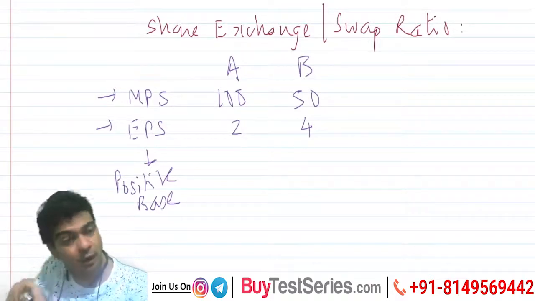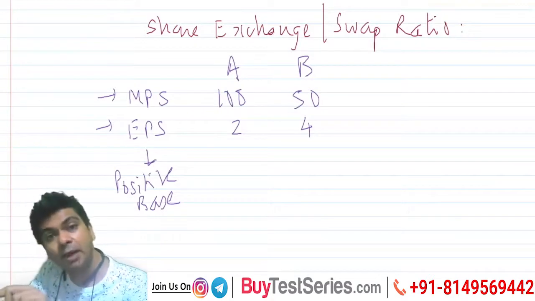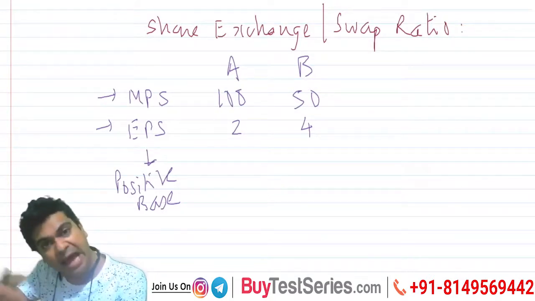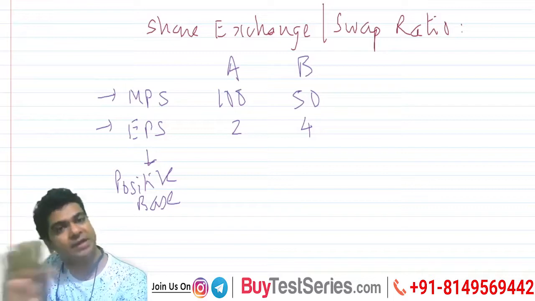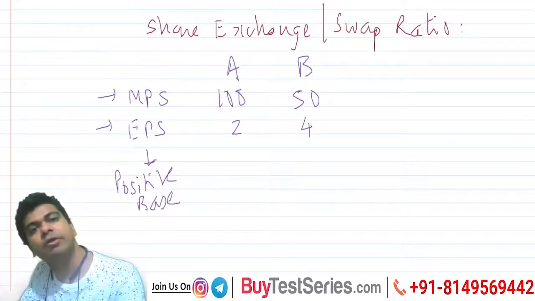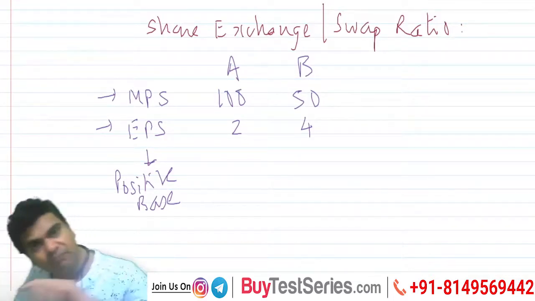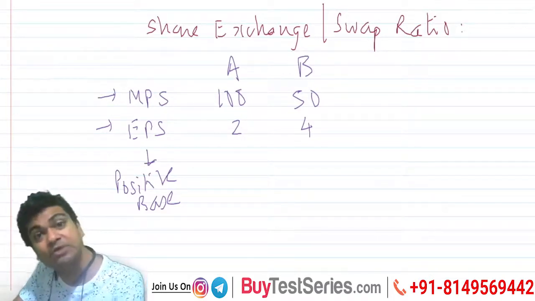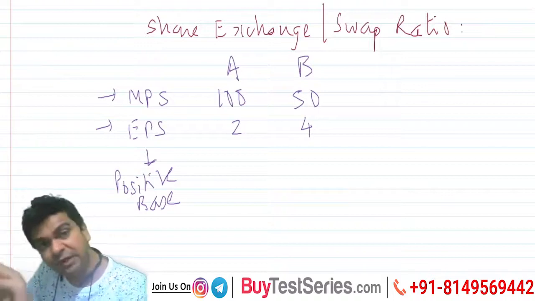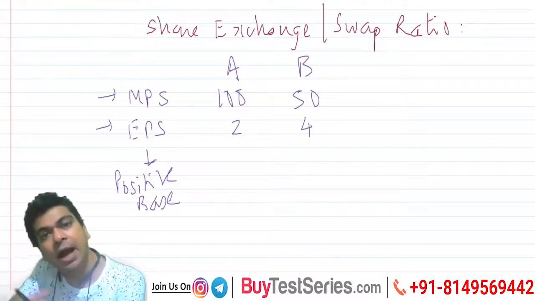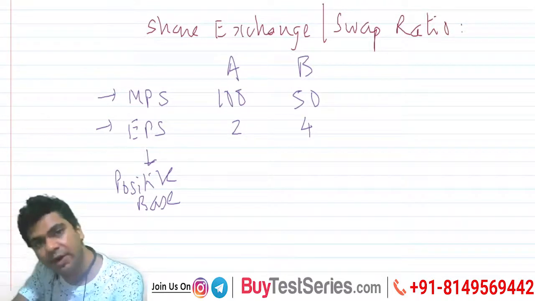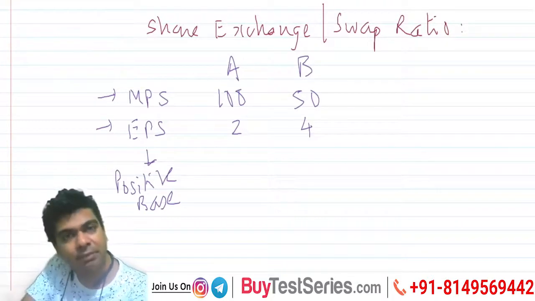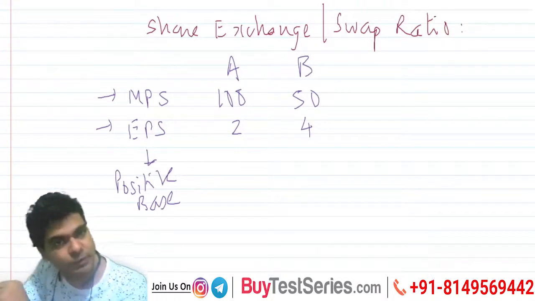Ask yourself, will you like the market price per share of a company to be as high as possible or as low as possible? Let us say you have invested in shares of some company. Will you like the share price of that company to rise or will you like the share price of that company to fall? What will you prefer? Shall you prefer a higher MPS or a lower MPS? Obviously, I will like the MPS to be as high as possible.